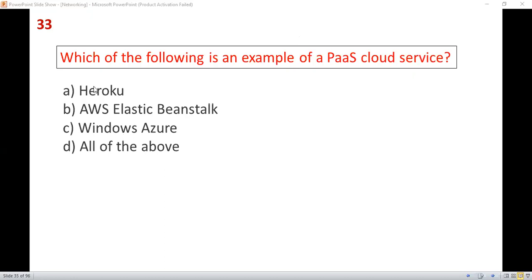Okay, can anyone tell me what is the meaning of option A, Heroku? Have you any idea?